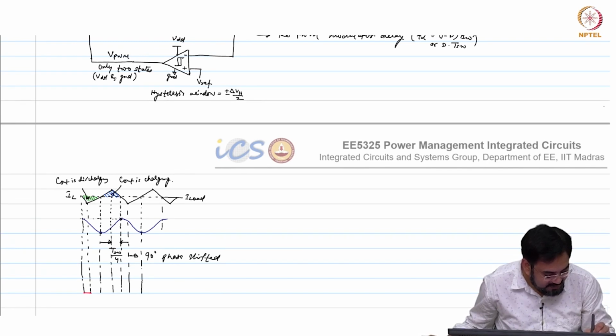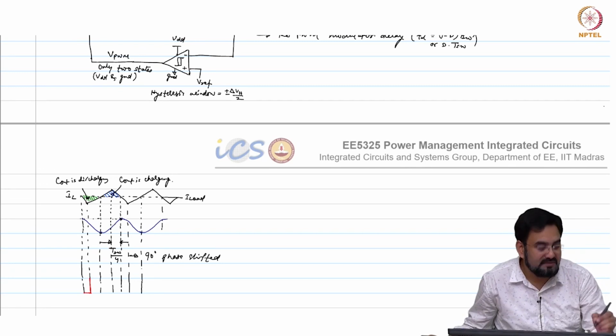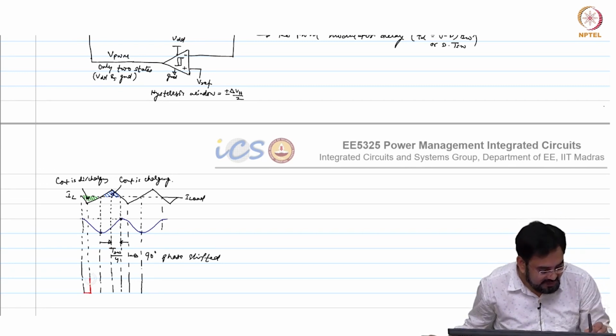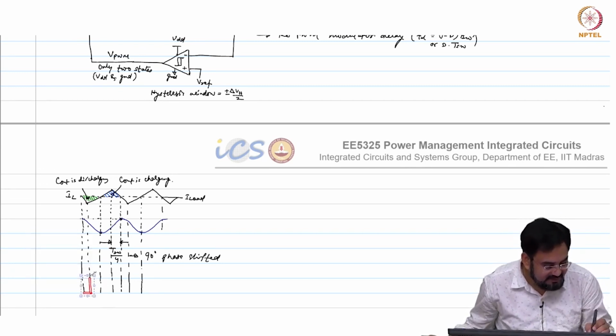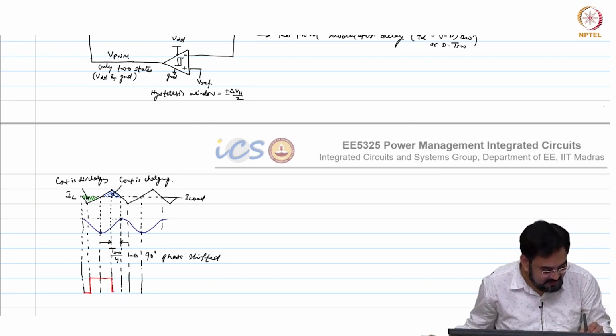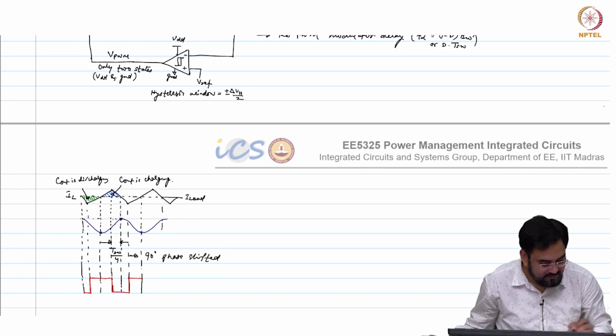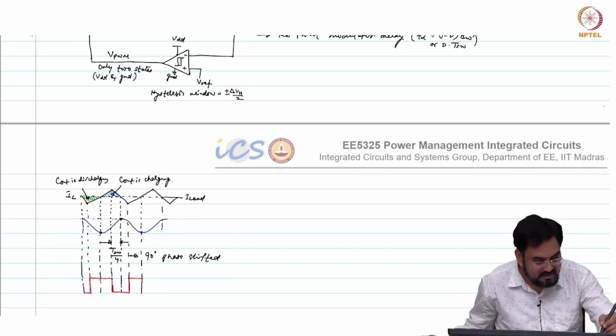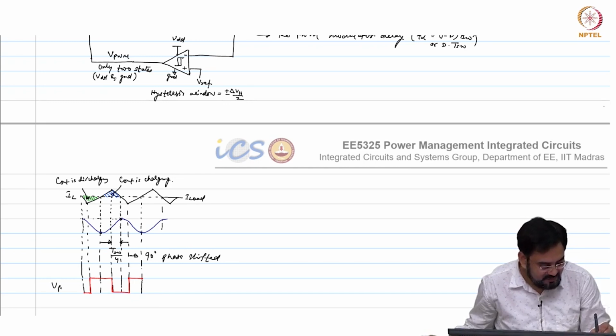So look at the current. So the inductor current is rising from here. So your PWM will be high and it will remain high until this point, correct? Then it will go to 0, then low, high, this is V of PWM.